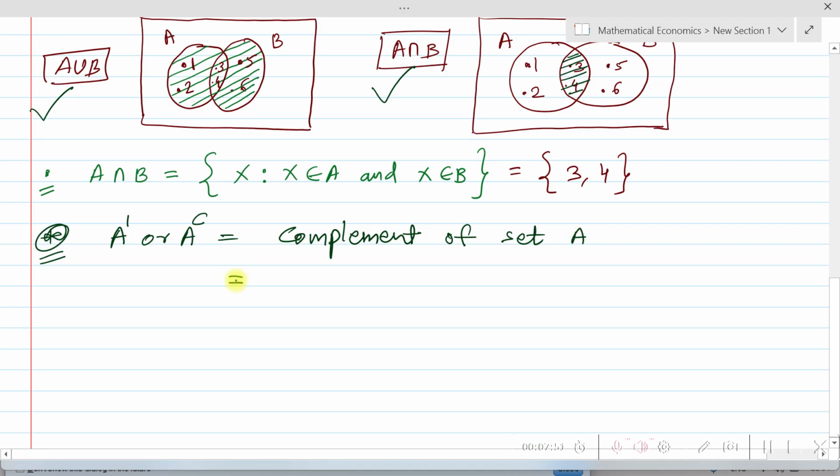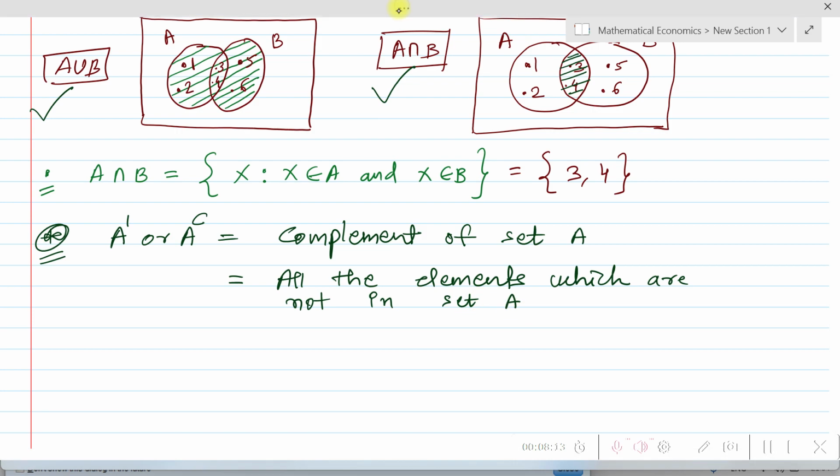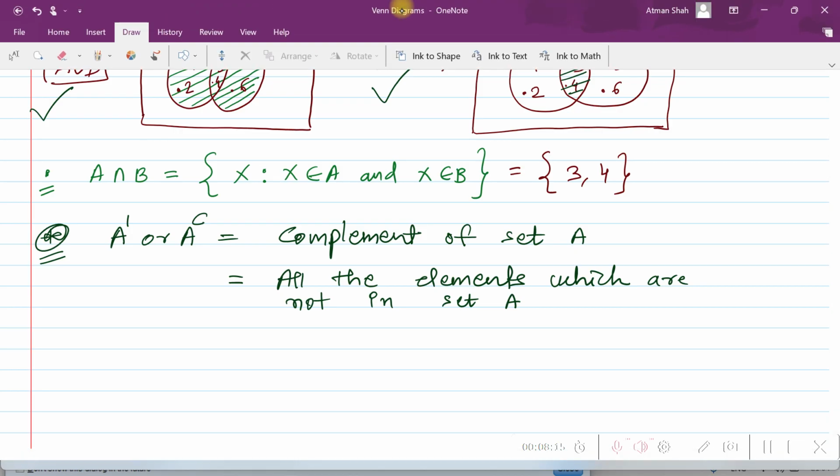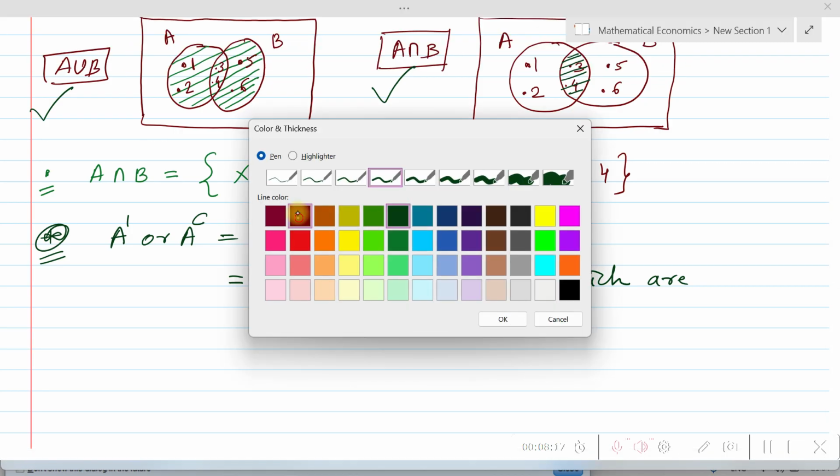All the elements which are not in set A. So let's draw the Venn diagram for complement set.